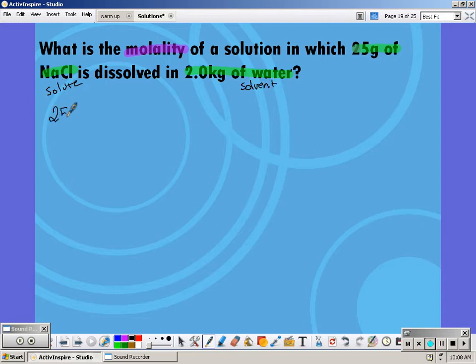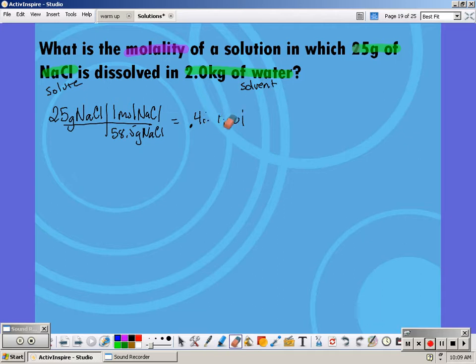So we'll take 25 grams of NaCl and convert it to moles. One mole of NaCl is the molar mass, 58.5 grams, sodium plus chlorine. We get 0.427 moles. We only really need 2 significant figures, so we'll say 0.43 moles.